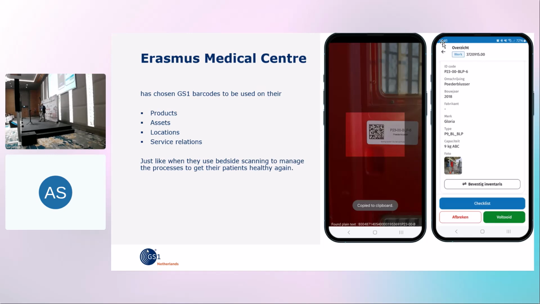In the medicine department, every medicine in the world, I would say, has a GTIN, a batch number, a serial number, an expiry date. You scan the bracelet, you scan the medicine, and you scan the person who gives it to you. That way, in your medical files, they can check whether this medicine is prescribed for you specifically. They also use that process in their asset management, and that's why they chose GS1 barcodes.